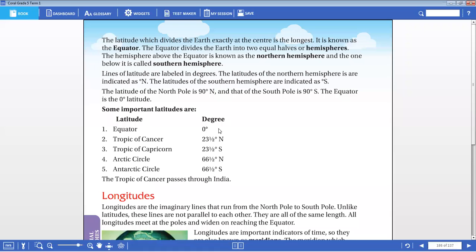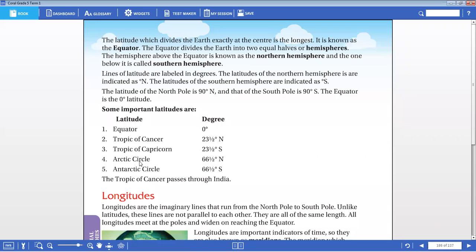No north or south, because it is neutral. It makes the earth into two halves called hemispheres. The portion above the equator is the northern hemisphere, and below the equator is the southern hemisphere.